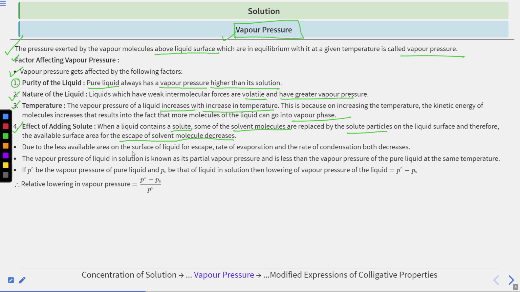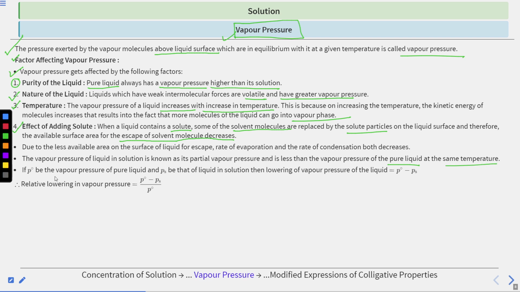Due to the less available area on the surface of liquid for escape, the rate of evaporation and the rate of condensation both decrease, because evaporation depends on the available area of the liquid or surface area of the liquid. The vapor pressure of liquid in solution is known as its partial vapor pressure, and it is less than the vapor pressure of pure liquid at same temperature.